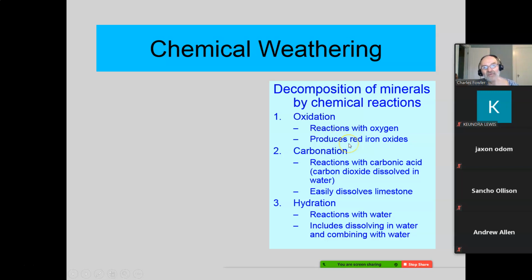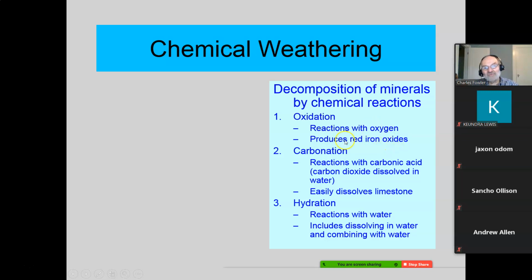Now, some that we're familiar with: when iron gets exposed to oxygen, especially if there's a little bit of moisture present, it rusts. It produces red iron oxides. The red iron oxides are never as strong as the original iron minerals were, so that will help break these apart.